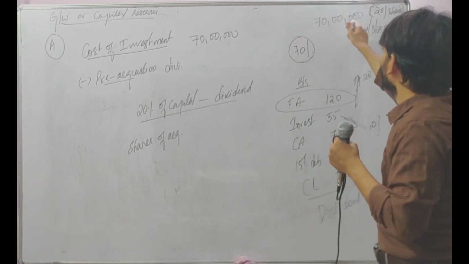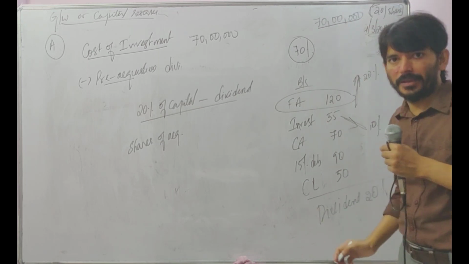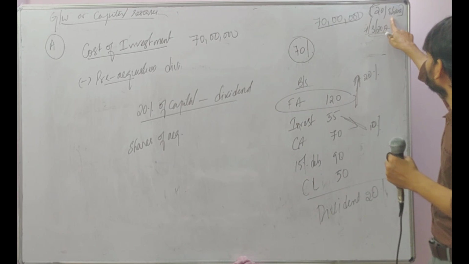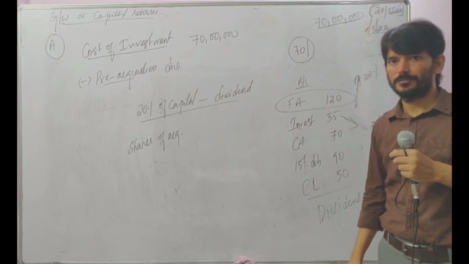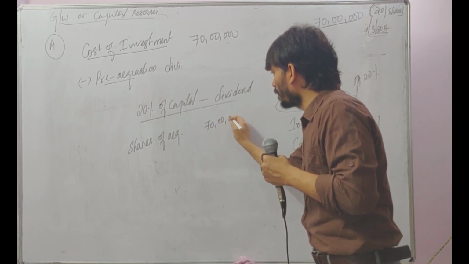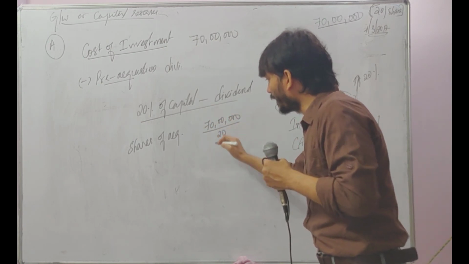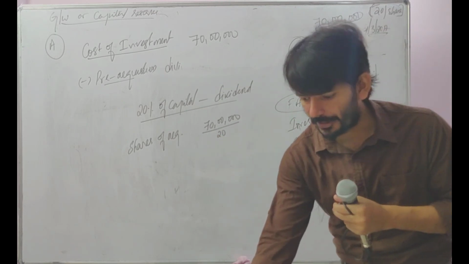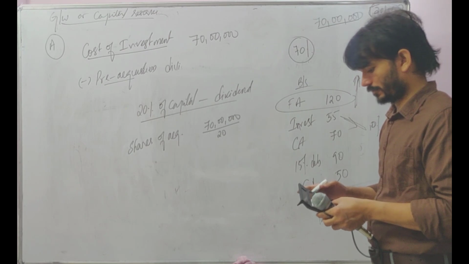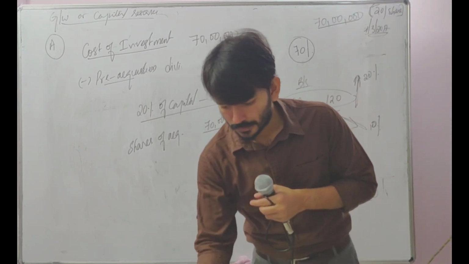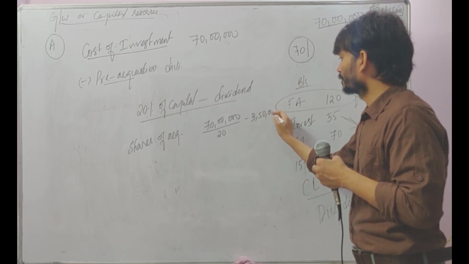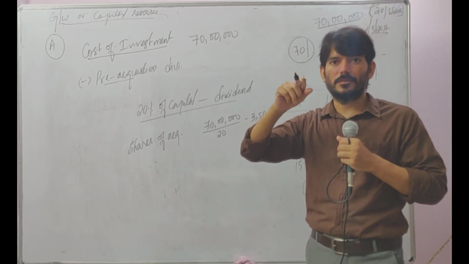For that, there is a clue. I'm paying 70 lakhs for the total shares, and each share I'm purchasing at 20 per share. For each share I'm paying 20 rupees, so 3,50,000 shares I'm purchasing. Get the logic.